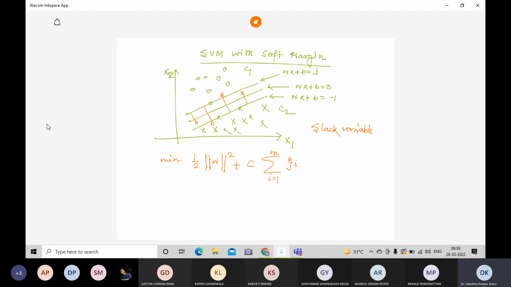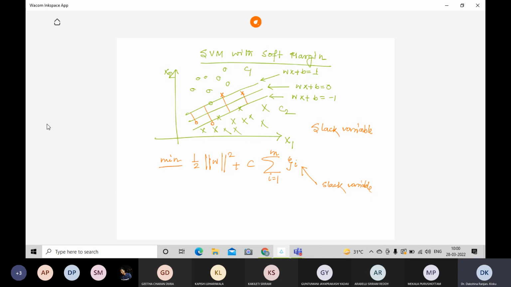So here we are considering the slack variable for m number of examples. This penalty of the misclassified examples from their respective margins for class C1, C2 is called the slack variable chi i.